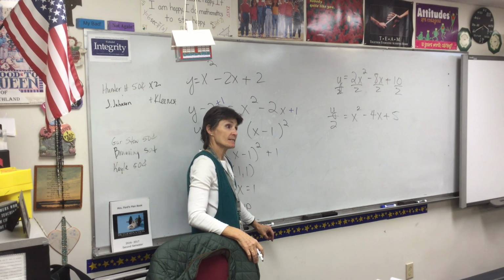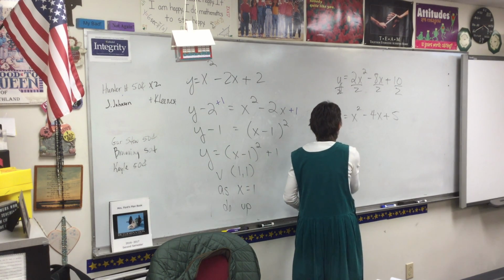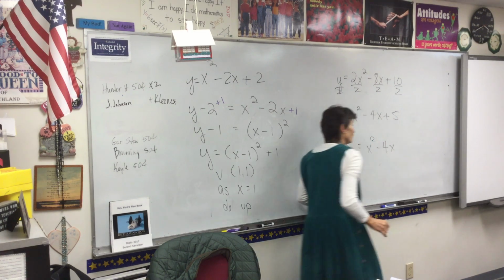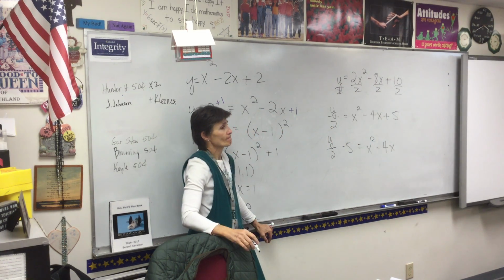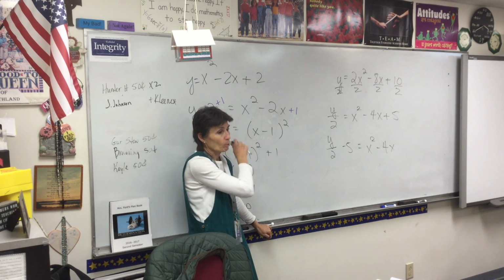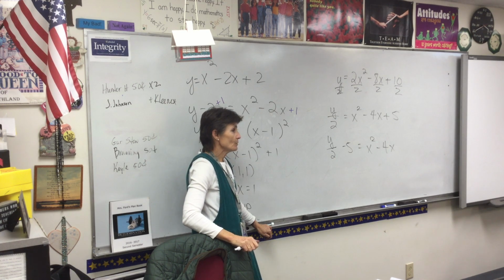Any idea what the next step might be? Subtract 5. So y over 2 minus 5 equals x squared minus 4x. So far, so good. Now I need a purple number to add to both sides. It'll be 4.